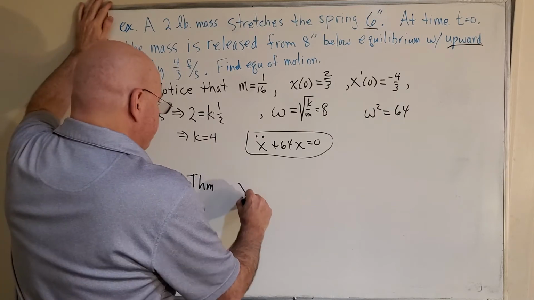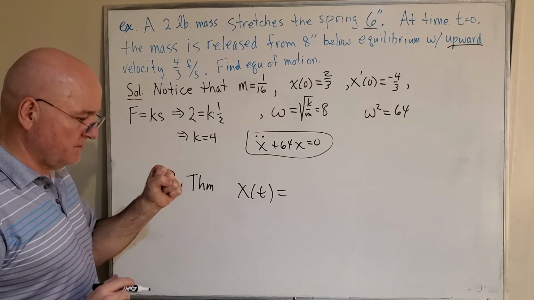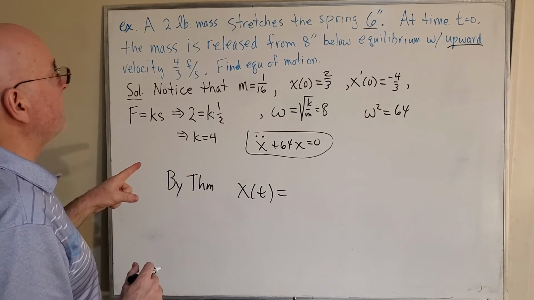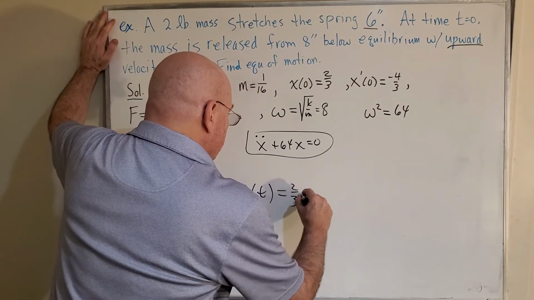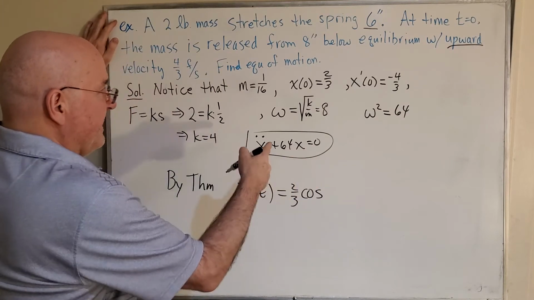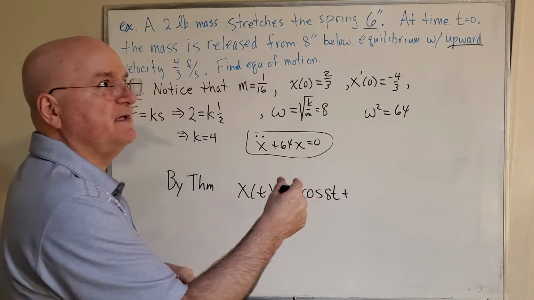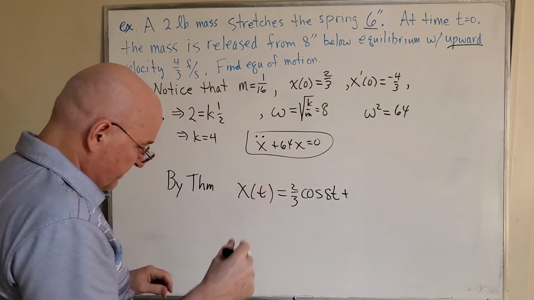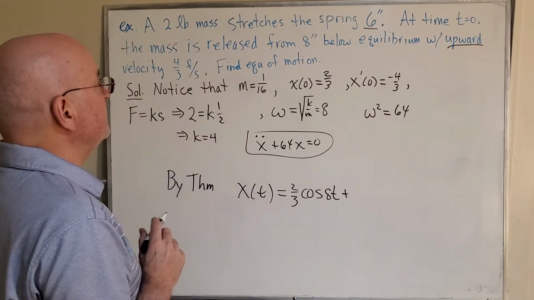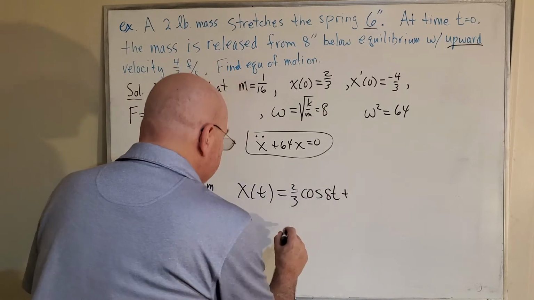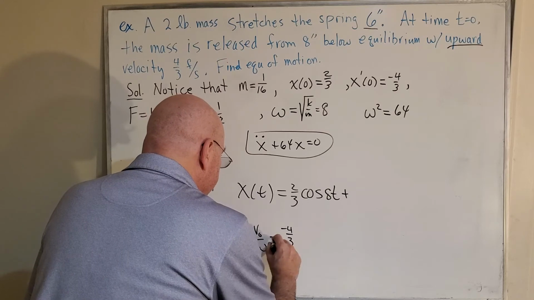By the previous theorem, x of t is equal to, C1 was the initial position. The initial position x naught is 2/3 cos omega t plus, I forgot what that one is, it's the initial velocity over omega.